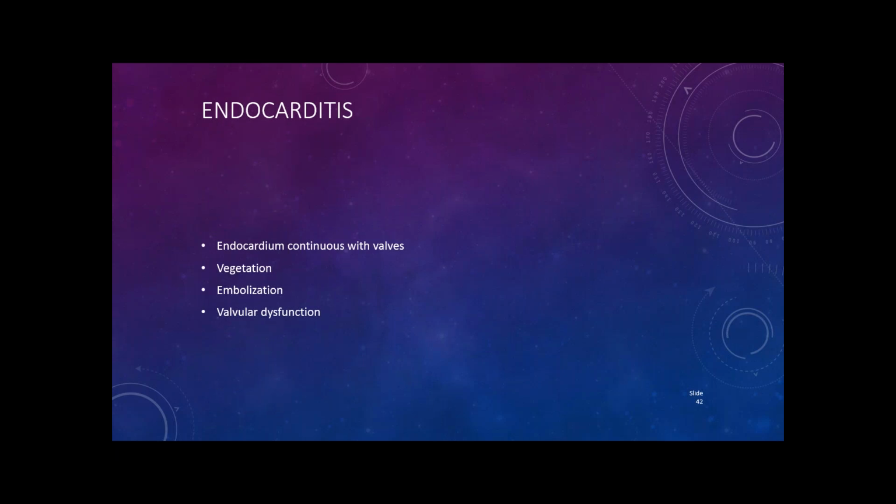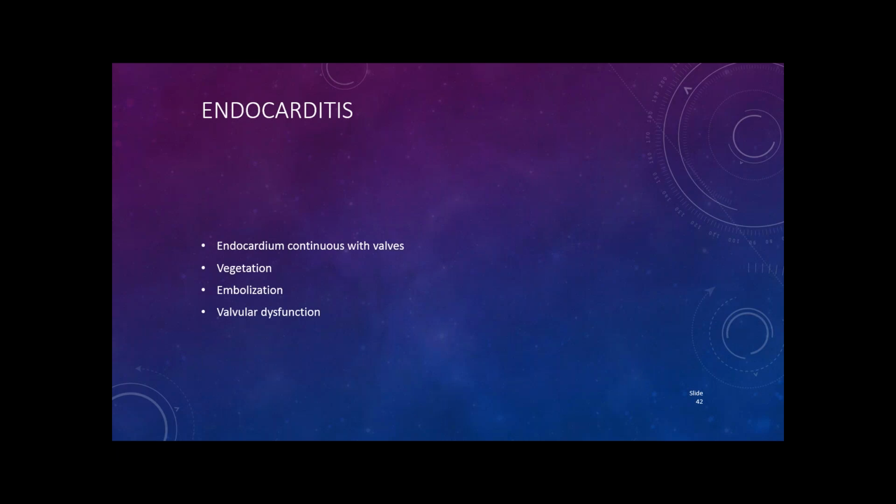So endocarditis is the actual endocardium, which includes the makeup of the valve, right? So if you have an infection on a valve, then we call that vegetation. It's growing on the valve.